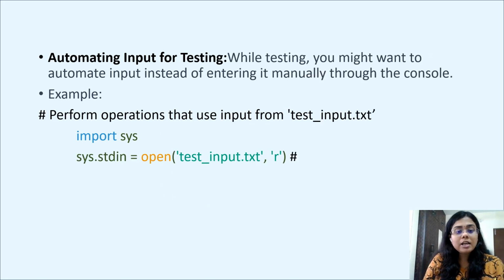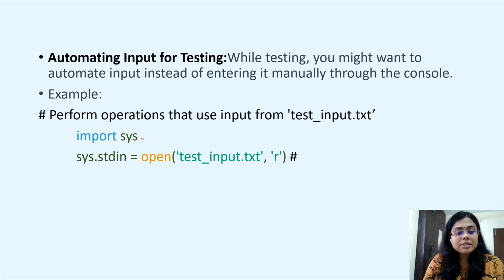Next, we see how we can automate the input for testing. Here, while testing, there might be multiple test options that you want to test on. In those cases, we can give all the input in a file and make sure that it is all automated to test every single scenario.